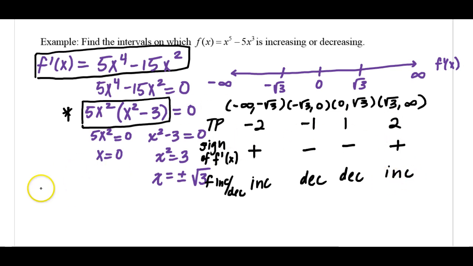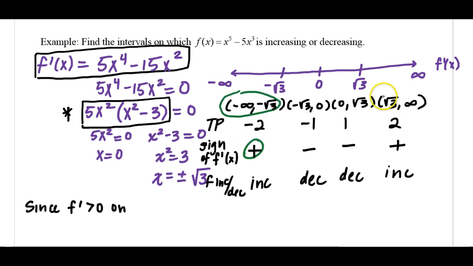So our conclusion is, since f prime is greater than 0, so f prime is positive on, let's highlight those intervals. We had positive right here to correspond to this one, and positive right here to correspond to this one.